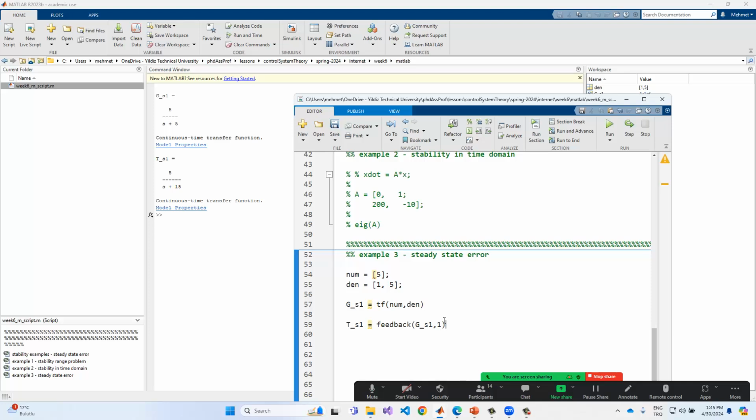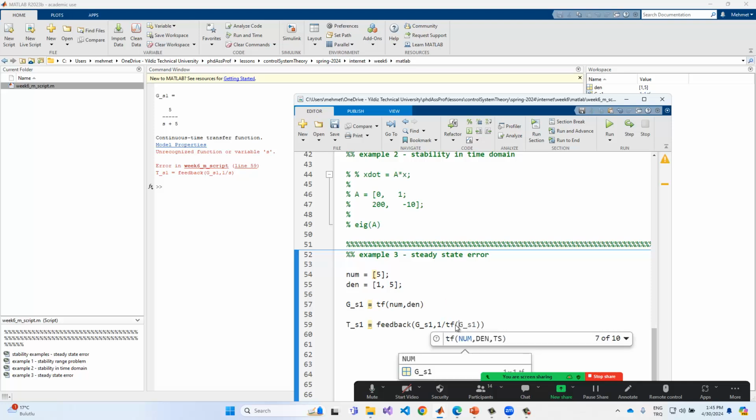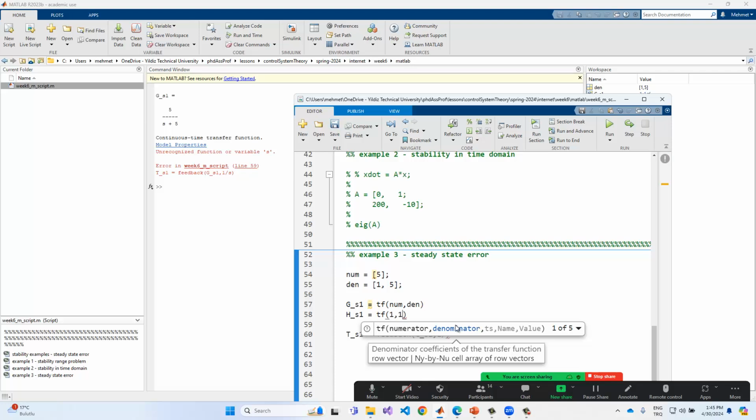Okay, or we can build the 1 divided by s in here just like this one, but this s should be defined with the TFS. Or HS1 can be defined with the TF and 1 and 1, for example 1 0.